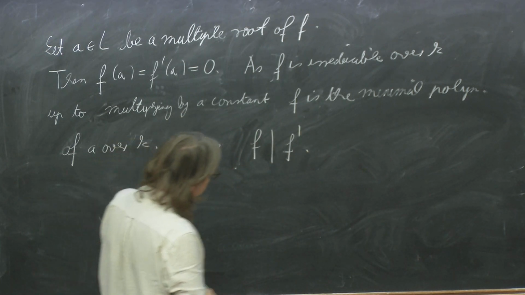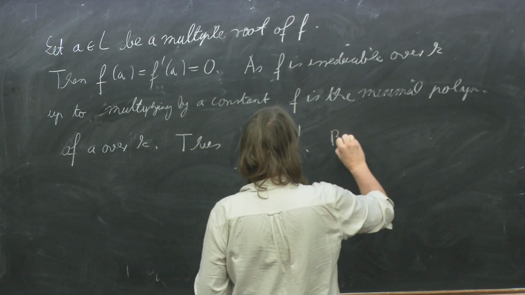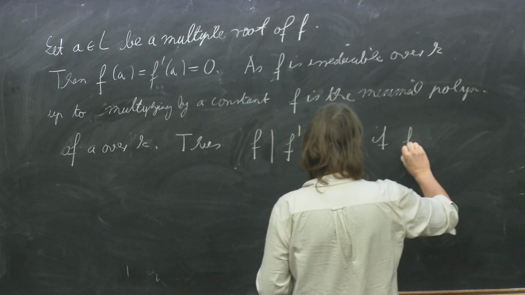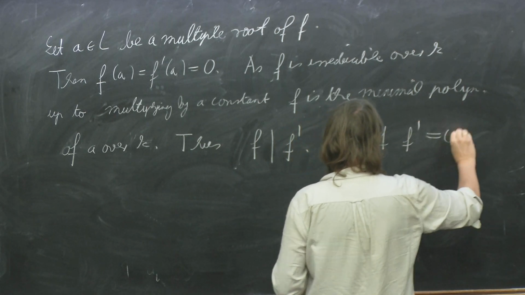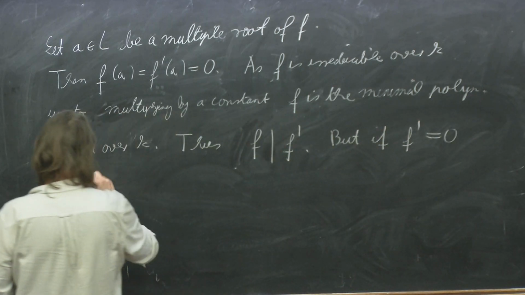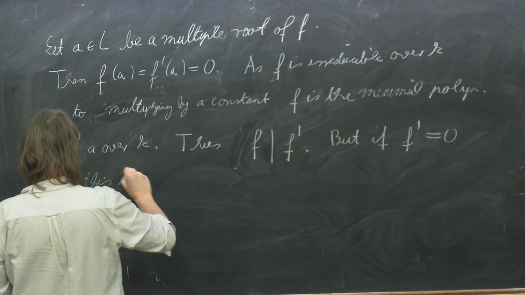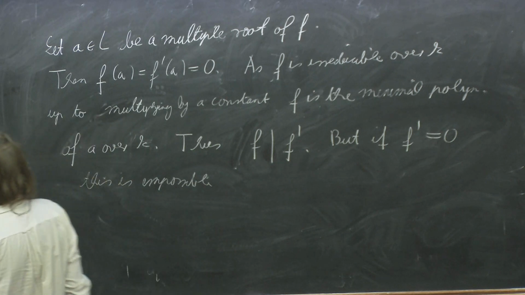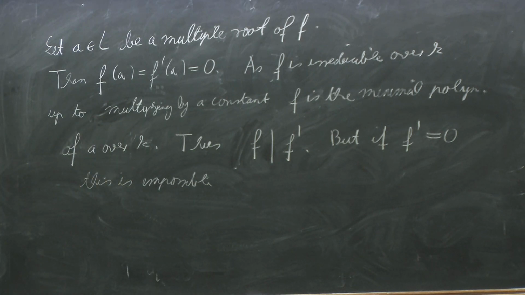But if f prime is not the 0 polynomial, this is impossible. Because by definition, the degree of the derivative is smaller than the degree of f.